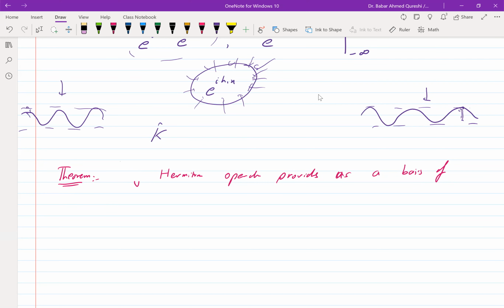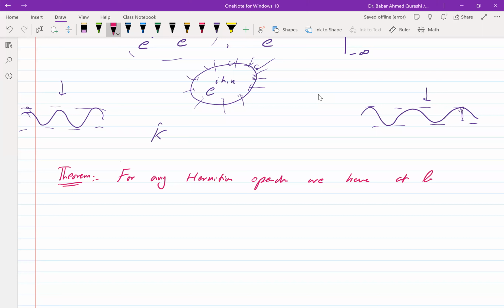Well, maybe let's write it this way. For any Hermitian operator, we have at least one basis of its eigenvectors, and the operator is diagonal in this basis. So this was the theorem which we proved.